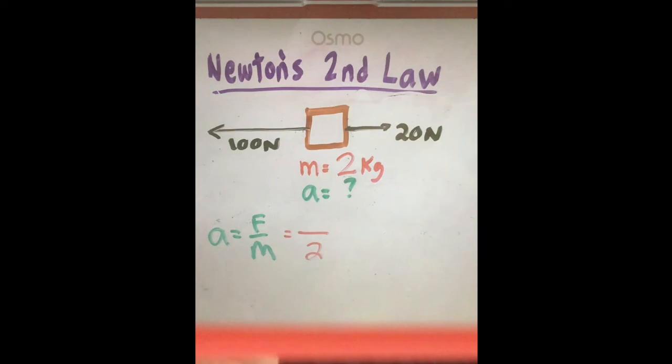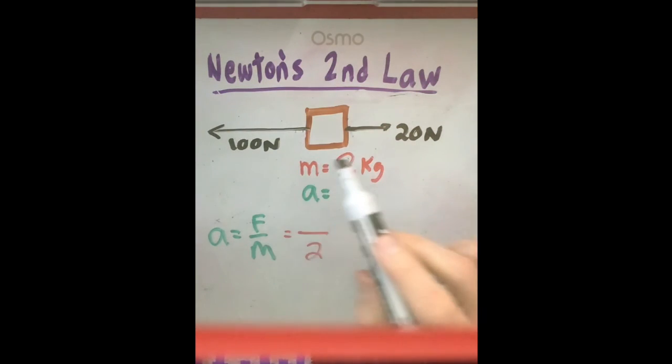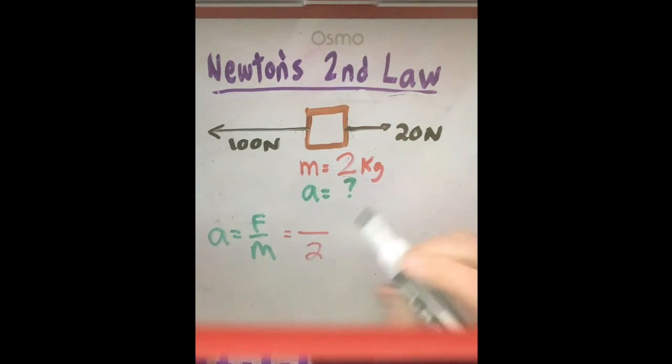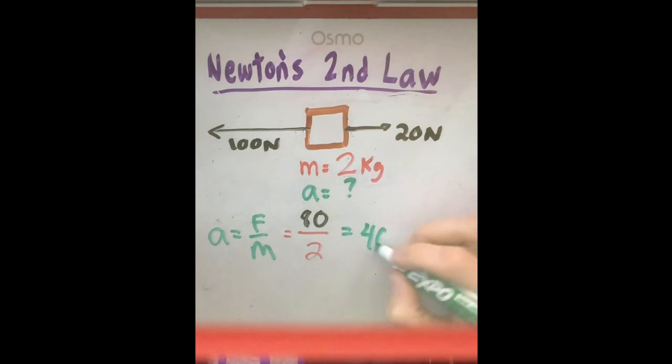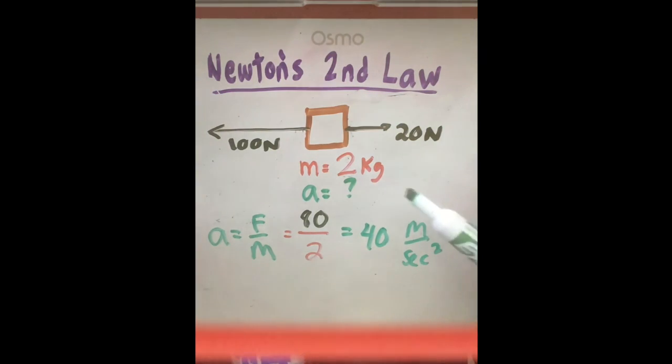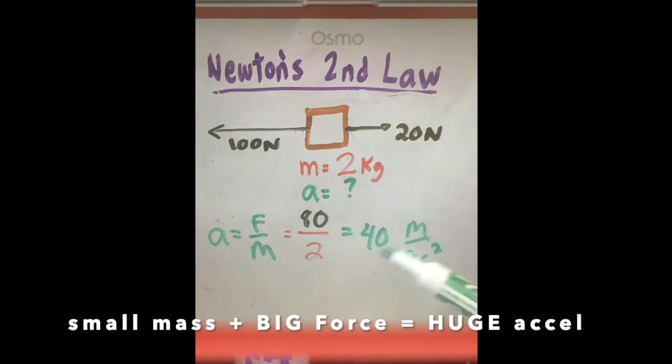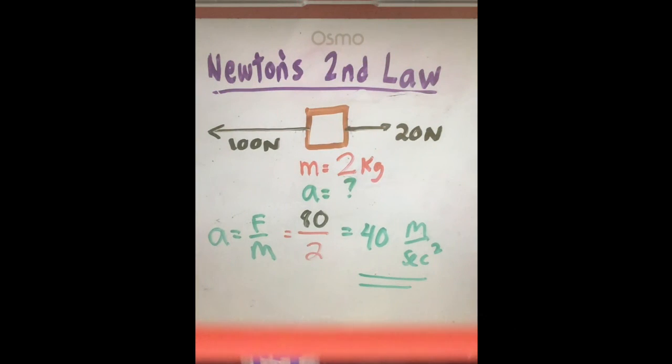We do have to figure out the net force. 100 minus 20 is 80. So this object will have an acceleration of 40 meters per second squared. Now that makes sense. It's a smaller mass being applied a bigger net force. That means acceleration will be a lot bigger.